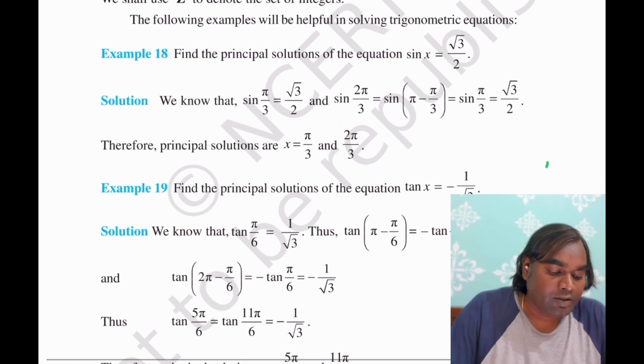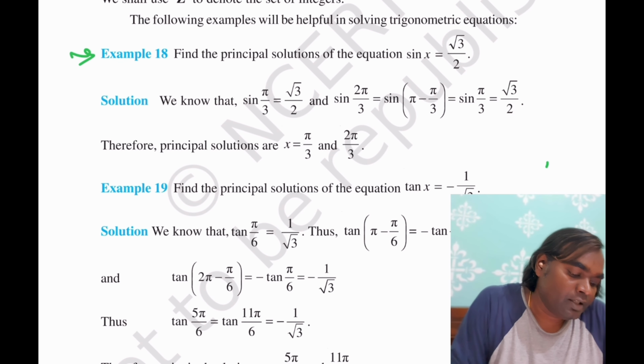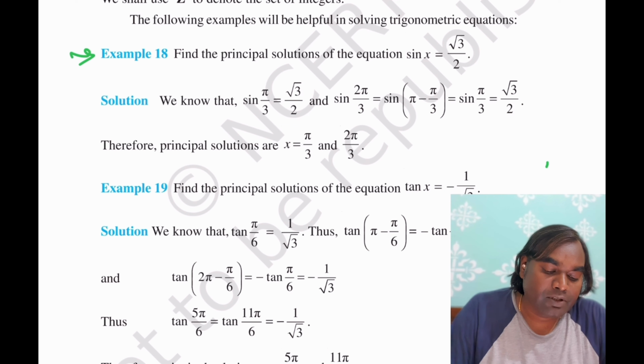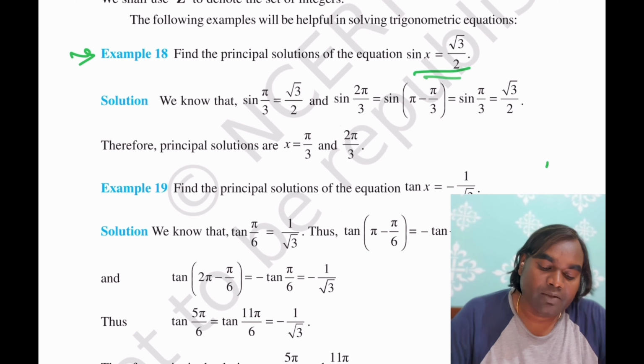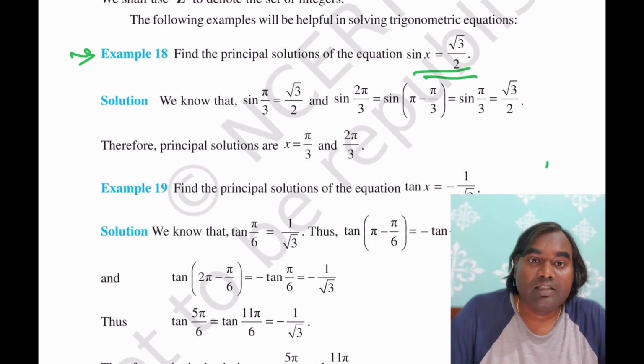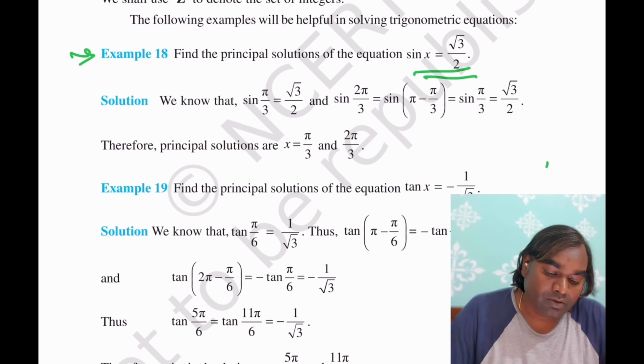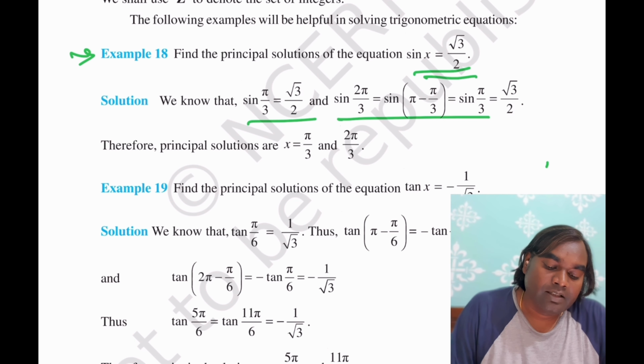Now solve example 18. Find the principal solutions of the equation sin x is equal to square root 3 by 2. You know that for x equal to pi by 3 this value comes, but we need the principal solutions. sin 2 pi by 3 is also square root 3 by 2.